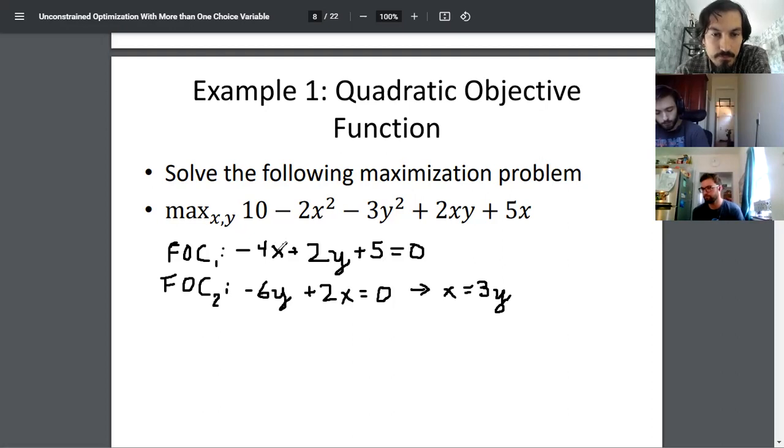I think it's right. I will get negative 4 times x, which is actually negative 4 times 3y. You don't have to draw arrows like this. I'm just trying to show you where I'm getting this stuff. If I plug 3y into here, what do I get? Negative 12y, correct?